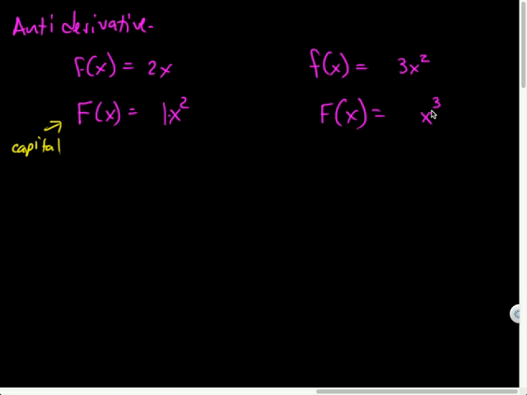So an antiderivative in terms of degree has to be 1 higher, right? But then the coefficient part's a little bit weird. I think you'd agree. You divide by the degree plus 1. Perfect, right? So here the degree was 2. When I divided by 2 plus 1, or 3, I'd get 1 there.